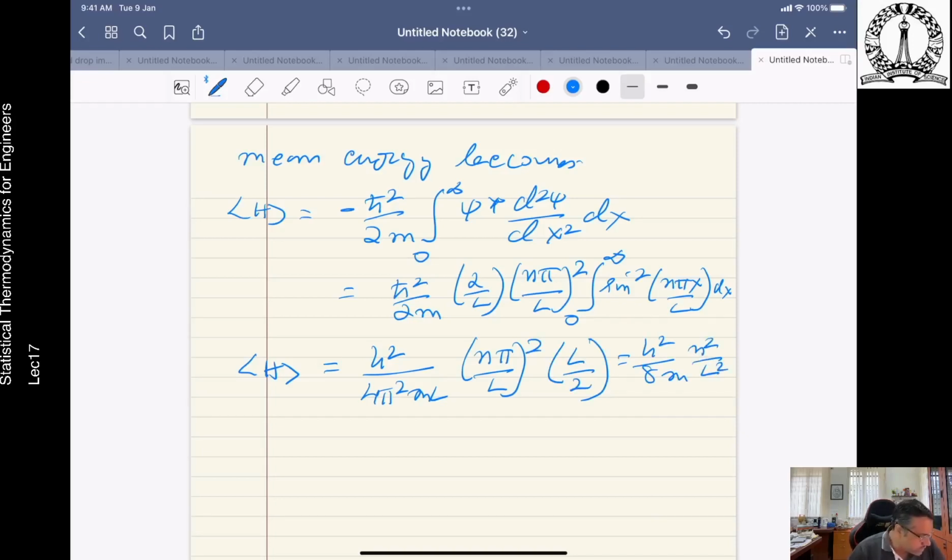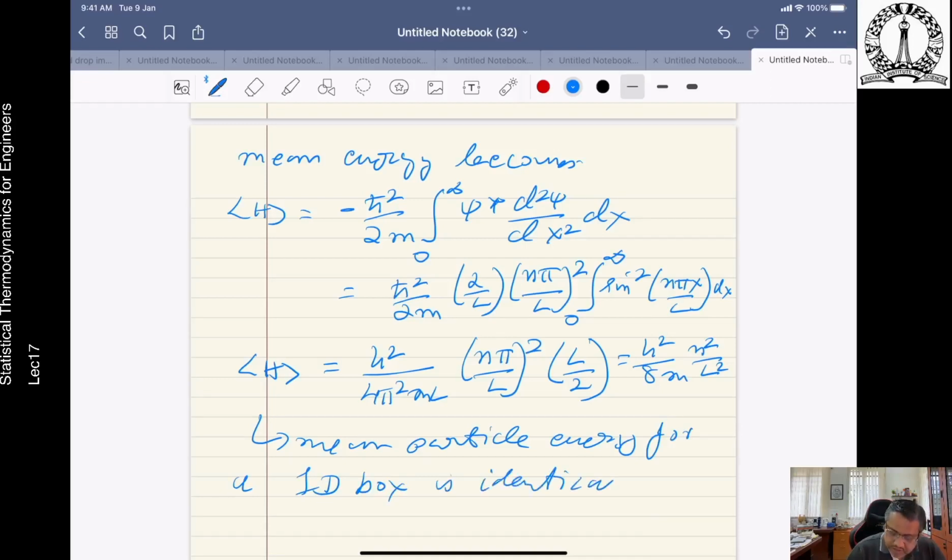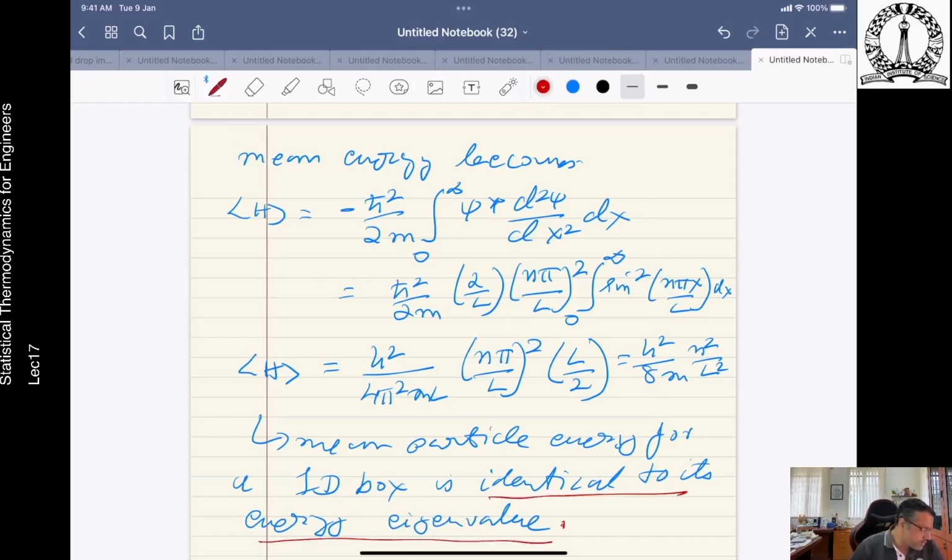So as expected, the mean particle energy for the 1D box is identical to its energy eigenvalue. This is consistent with our general expectation that this is what it should be.